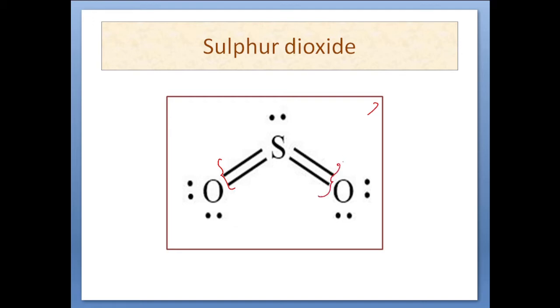In this, one is a sigma bond, another one is a pi bond. The molecule contains two sigma bonds and two pi bonds, and one pair of electrons.